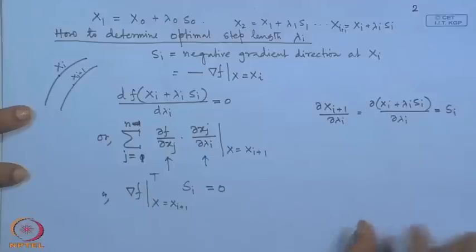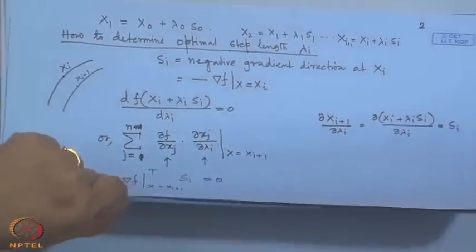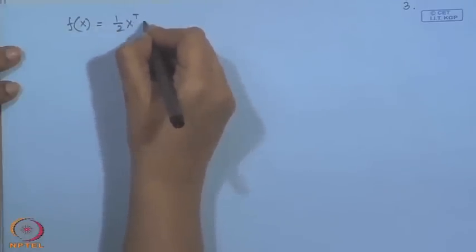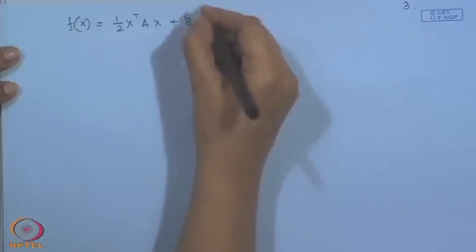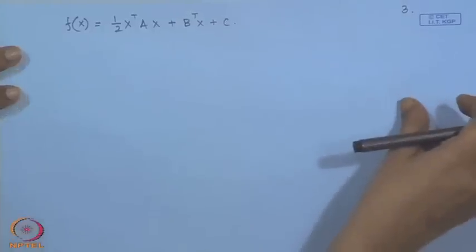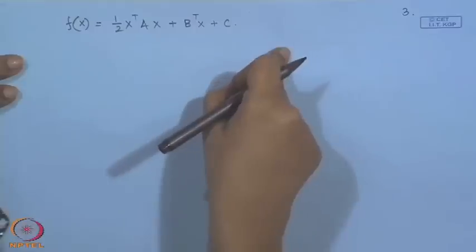Now, let us consider a quadratic function, let me consider in this fashion, f(x) is equal to half x transpose A x plus b transpose x plus c. We may consider A as a positive definite and symmetric matrix in this quadratic function.